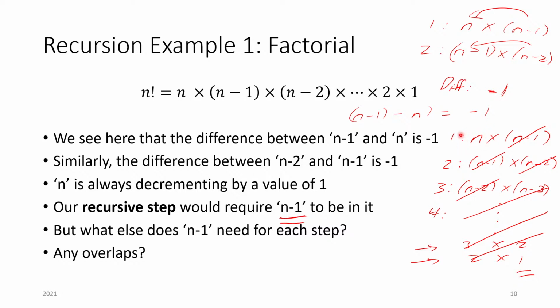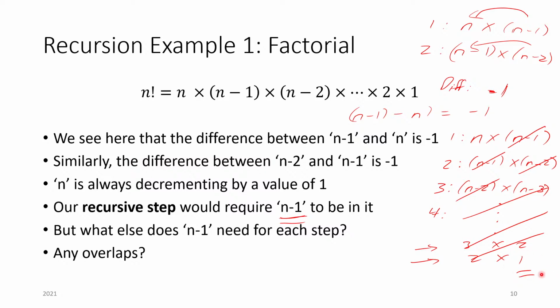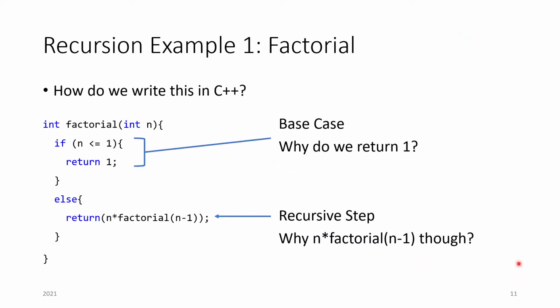So what are we going to do with this n here? That n needs to be factored in for a recursive step. So when you actually write the code for a factorial, our base case is that we have 1 that we need to check for, because we're going from n minus 1, n minus 2, all the way down to 1. And because we had 1 being our final value, we return 1 to accommodate for this.